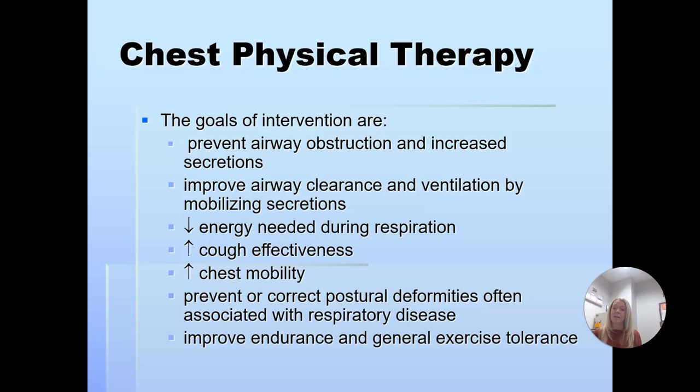So that will decrease the energy that they need to breathe, increase their cough effectiveness, increase their chest mobility, prevent or correct postural deformities that can be associated with respiratory diseases, and just in general improve their endurance and exercise tolerance.